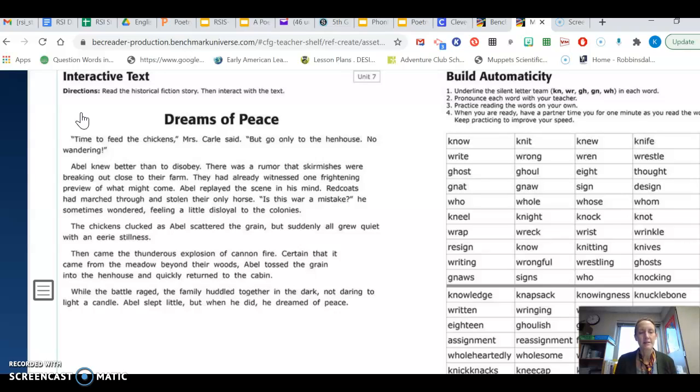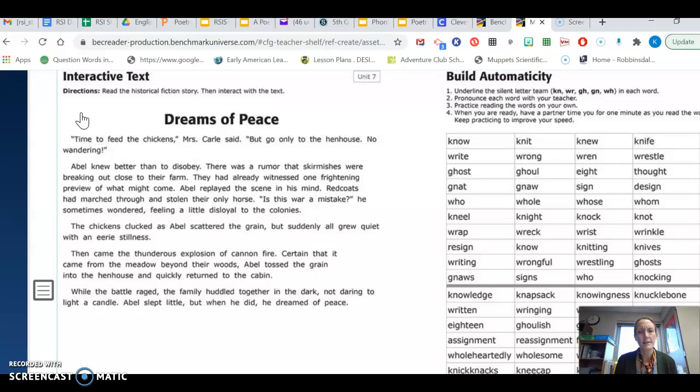Dreams of Peace. Time to feed the chickens, Mrs. Carl said. But go only in the hen house, no wandering. Abel knew better than to disobey. There was a rumor that skirmishes were breaking out close to their farm.